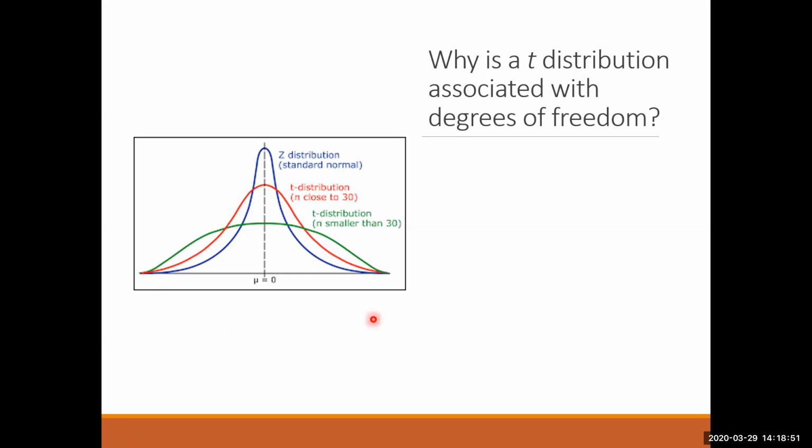Since the t-distribution is based on sample size, we have to take n-1 in order to correct for that overestimation. The green here is a t-distribution with an n smaller than 30. The red is a t-distribution that's close to 30.